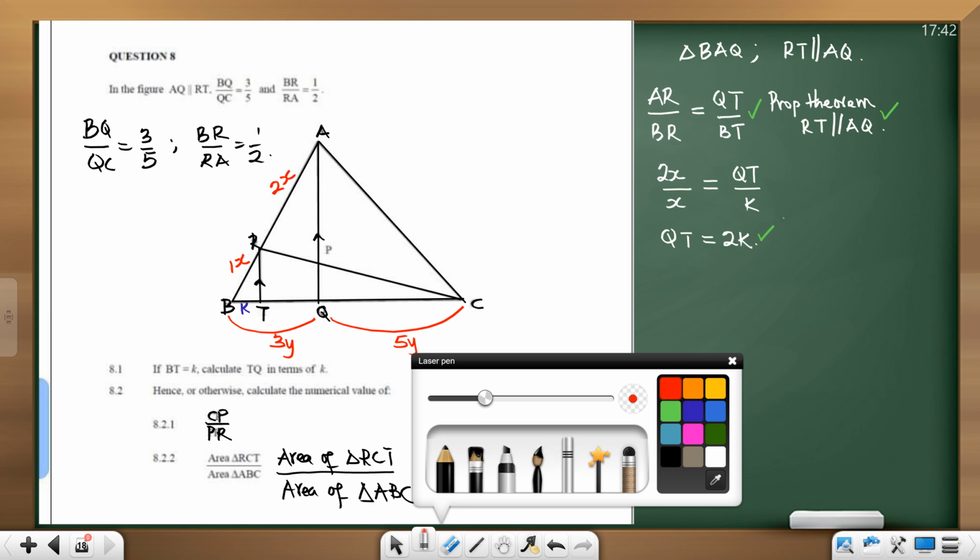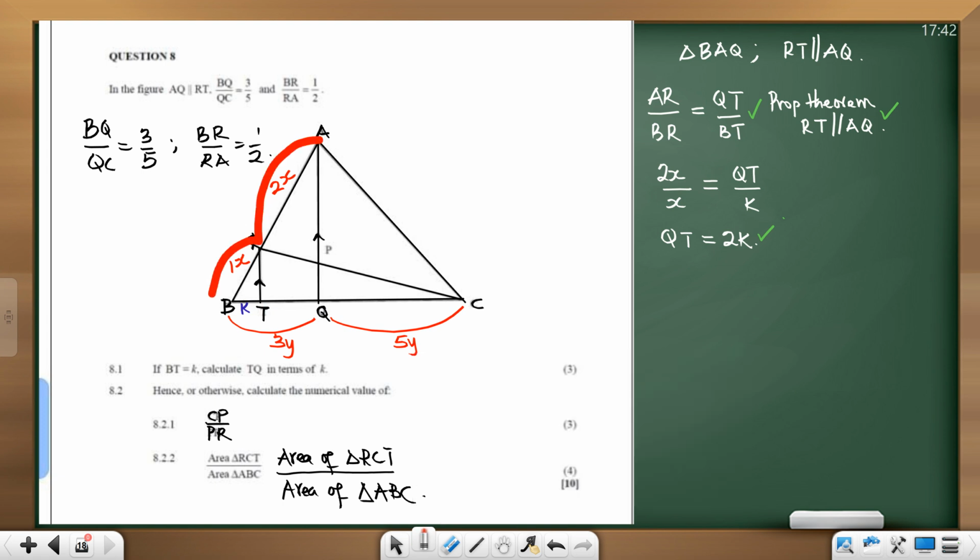Do you understand the first part? Yes, sir. Top, bottom, you move the same way. You see, this section is this section and that. So somebody else could have gone BR over that, and that person would go BT over TQ.